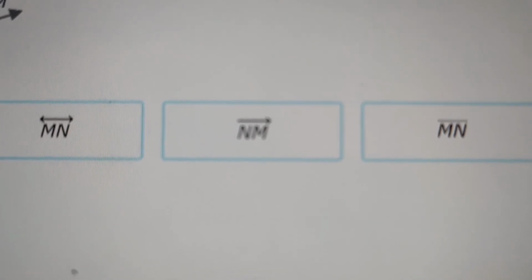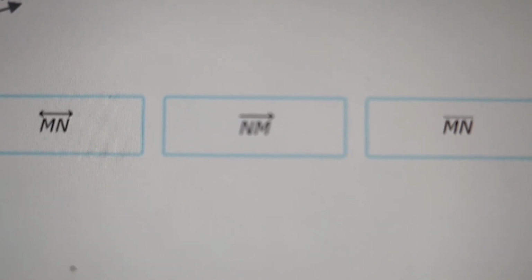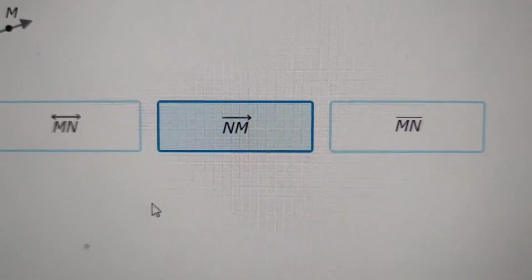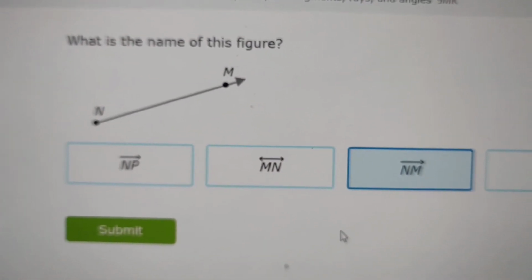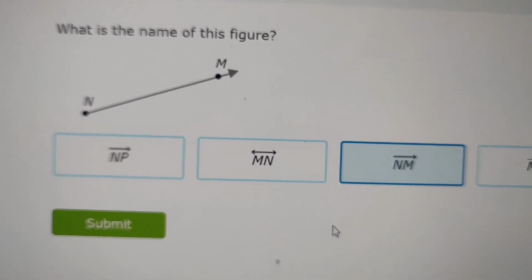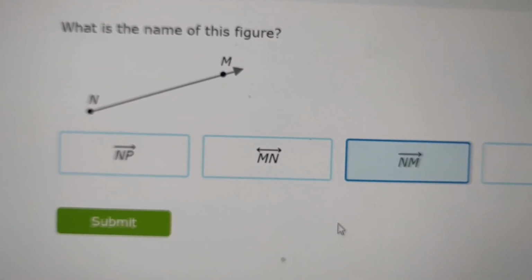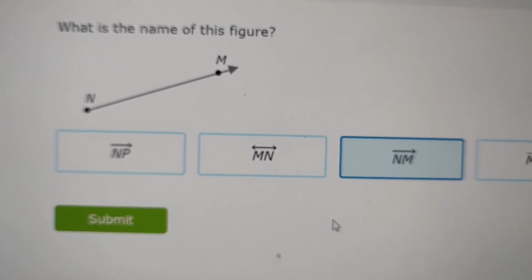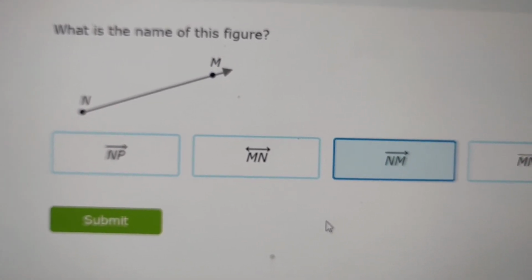It's the third choice. That's the one we should have selected. So make sure you pay close attention to the letters that are on the line segments, the rays, the points, the angles, whatever we're looking at. And don't choose different letters than the ones that are there.